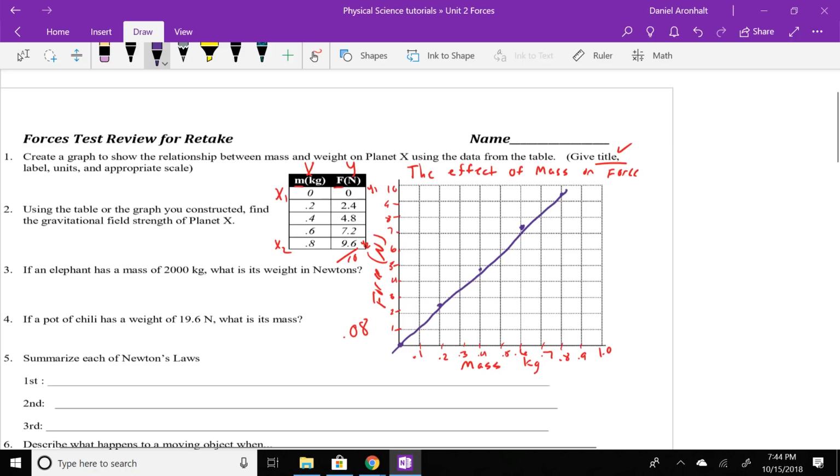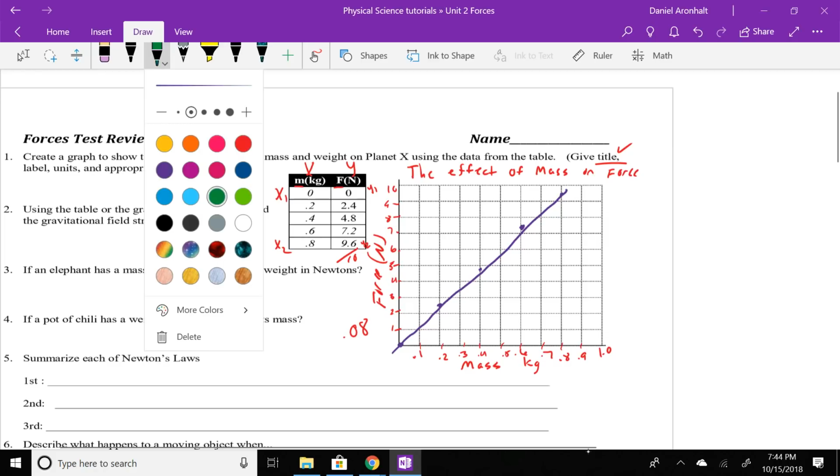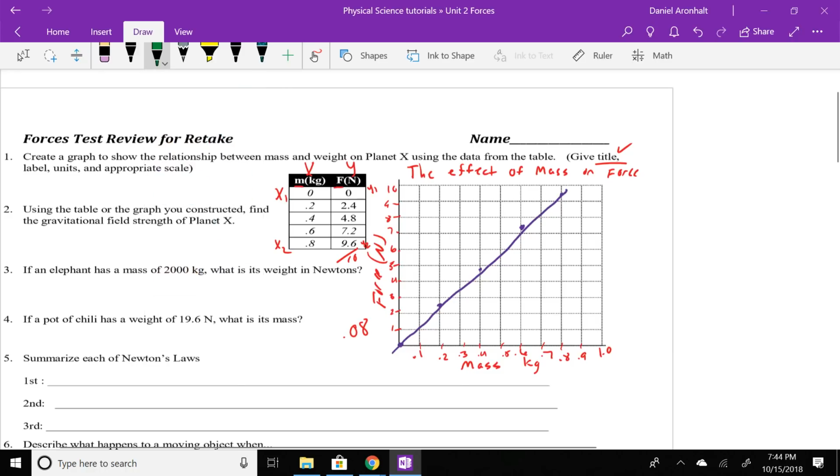Now, is my graph correct? Well, let's do my checklist. Remember, it's out of 8 points. So let's get a different color pen so we can do a check mark. Title is a +1. First label is a +1. The unit is a +1. The mass is a +1. I got my label unit.